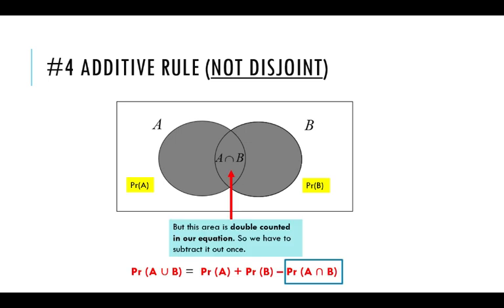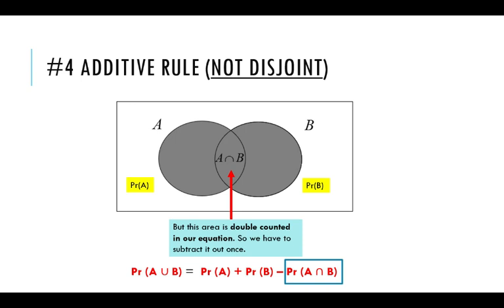So the problem here is if I just add probability A and probability B, do you agree I'm going to double count something? So look at that note in blue. That area where you see my red arrow, that's being double counted in our equation. So if all I do is add probability A plus probability B, I'm going to double count that twice. So what I'm going to do is subtract it once.